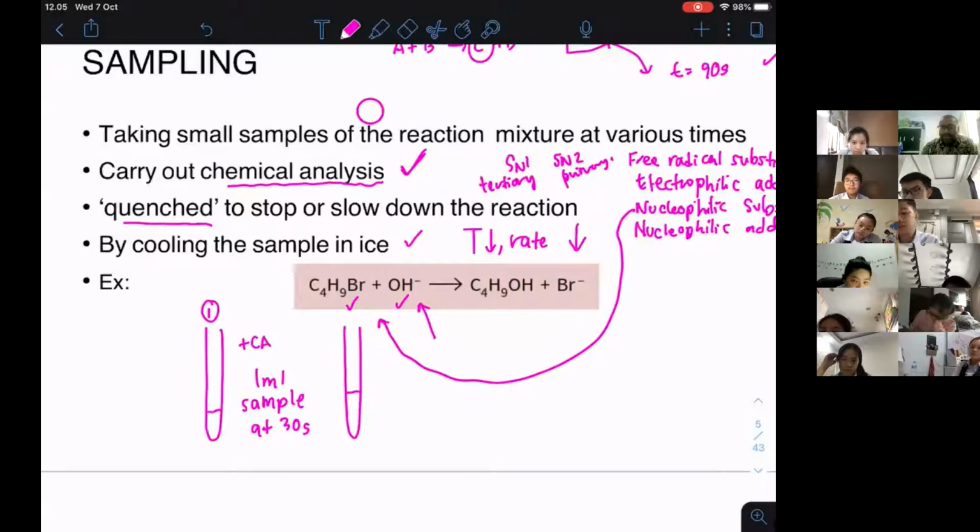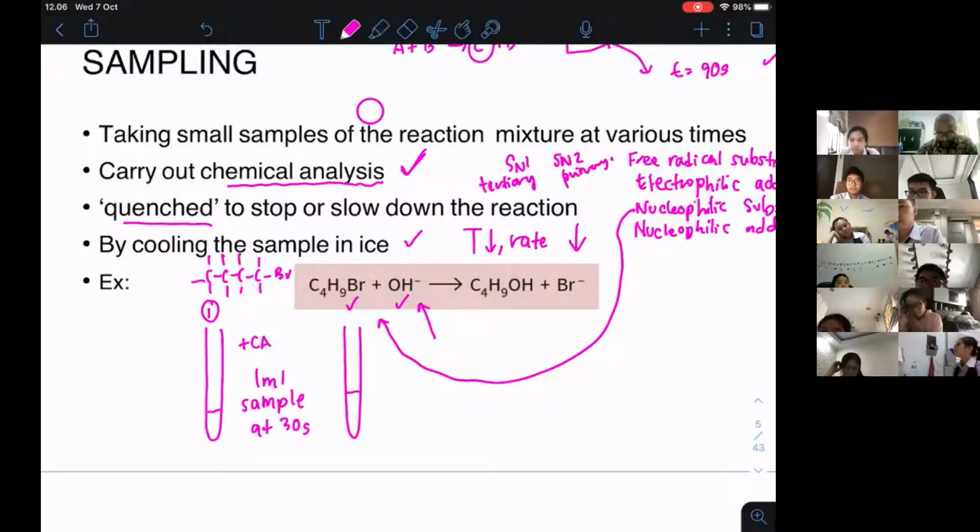But if we just follow normal, if Br comes here, is this primary or tertiary, Charlton? Primary. So if it is primary, they will undergo SN2.